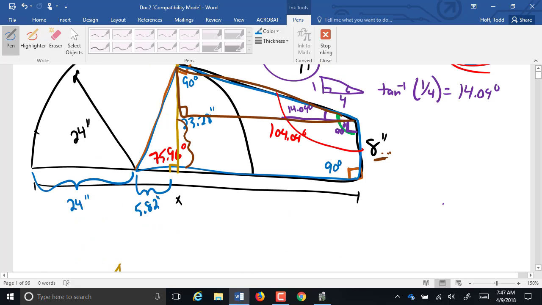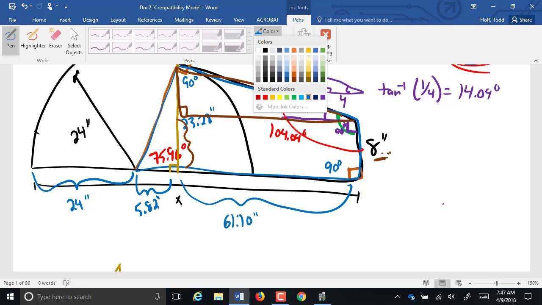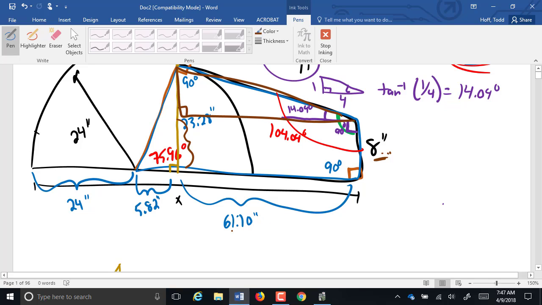So that means up here, 61.10, which makes X 90.92, 90.93, somewhere in there. So we've got X. That was the first part.